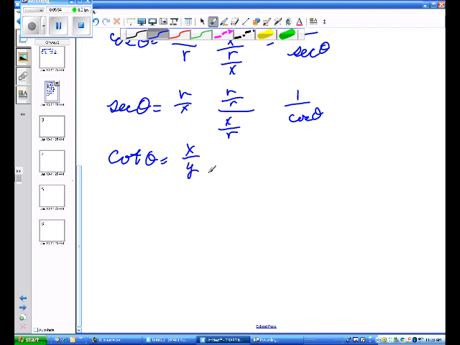And so let's take this and divide both the numerator and denominator by x. So we get 1 over y over x, which is tangent. And if we started with tangent, then tangent is y over x. And let's divide both of these by y.